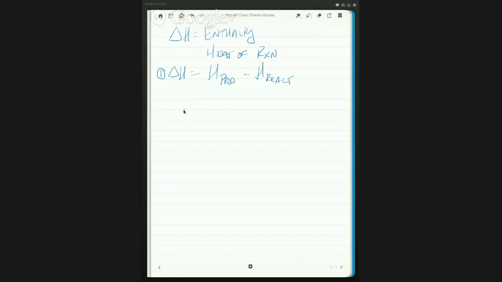And if we were going to expand off of this, one of the forms of Hess's law or determining heats of reaction, is by doing the delta H of a reaction.